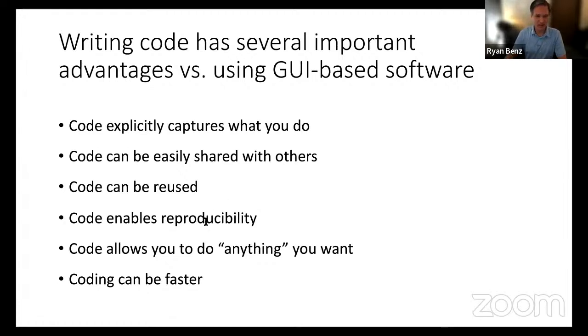Let me touch upon this point about reproducibility, and that's what Olga mentioned at the beginning. Code enables reproducibility. It also enables you to do anything you want. I put anything in quotes because there are obviously limits, but if you're using a canned software package, and let's think about some of the software packages that are provided by mass spec instrument vendors.